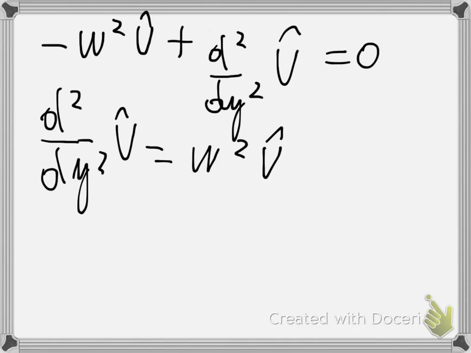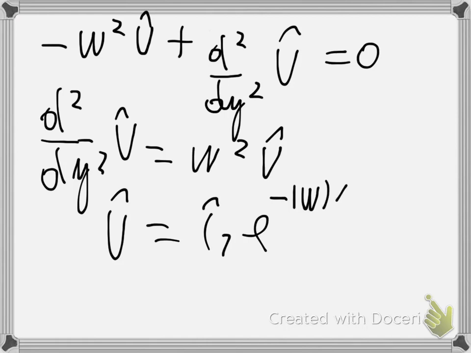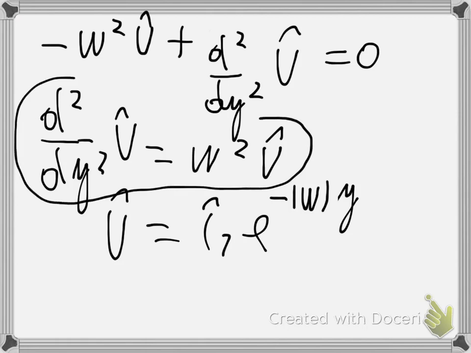And now we can state that u hat is equal to c1 hat times e to the minus absolute value of omega times y. Why? Because basically we have this equation which states that the second derivative of our function is equal to the function itself times omega squared, and the only function that allows us to do that is the exponential function.